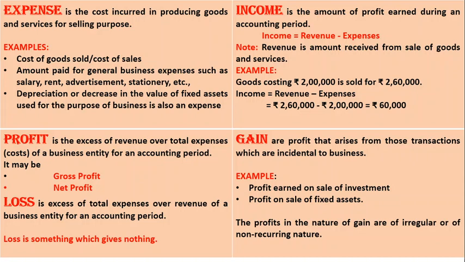It is once in a while, irregular in nature, non-recurring in nature. For example, profit earned on sale of investment, or profit on sale of fixed assets. When you sell an old fixed asset whose book value shows as 10,000 for 12,000, the 2,000 is a gain on sale of fixed asset.